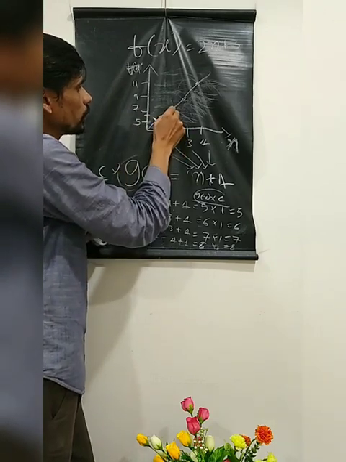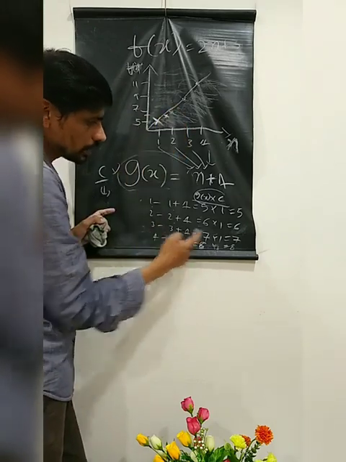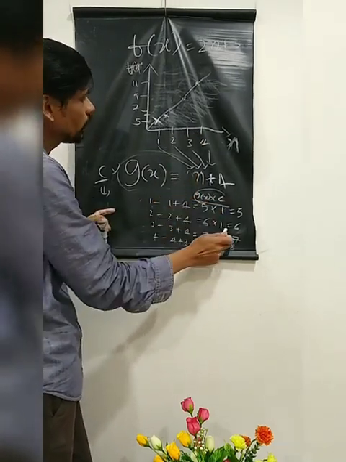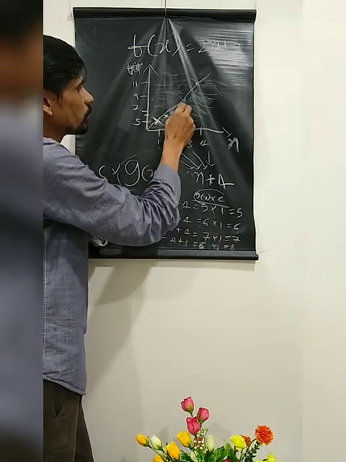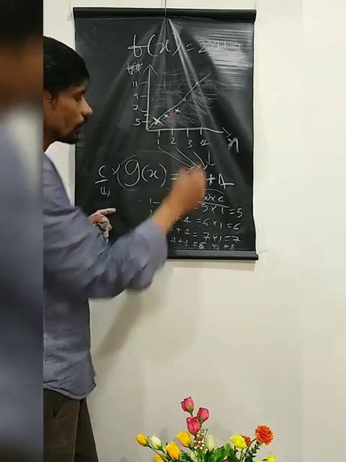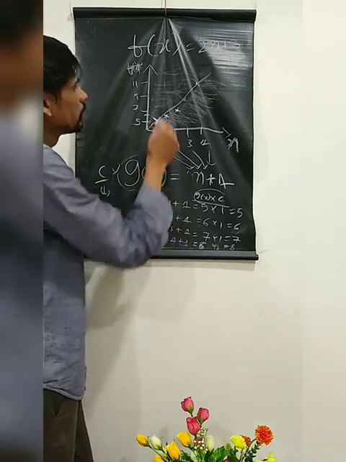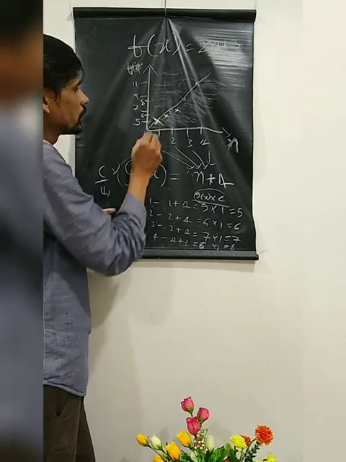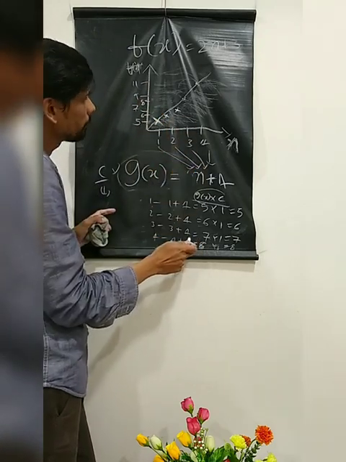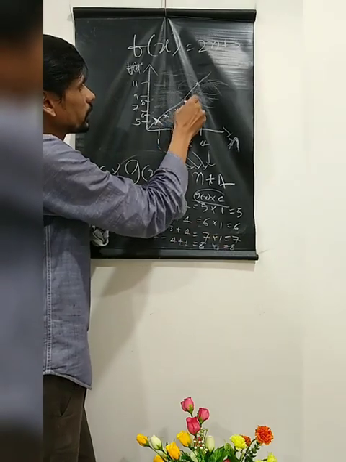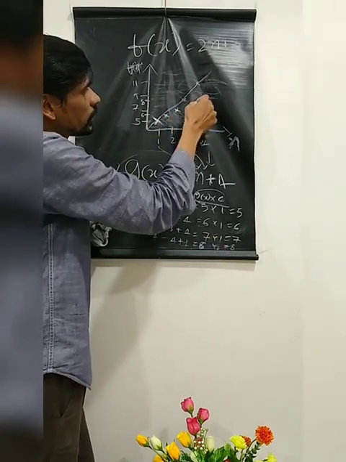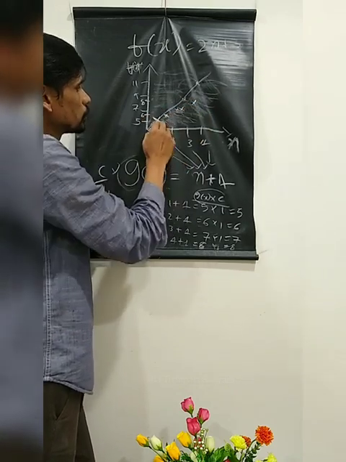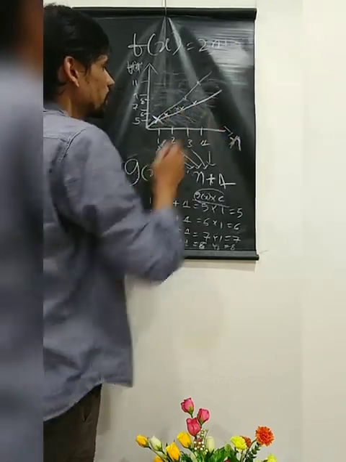For 3, what is my output? 7, here it is. For 4, 8. So 4 is here, my 3 is here, my 6 is here. So if you observe, this is my line, right?